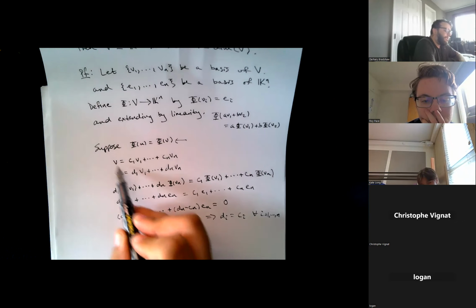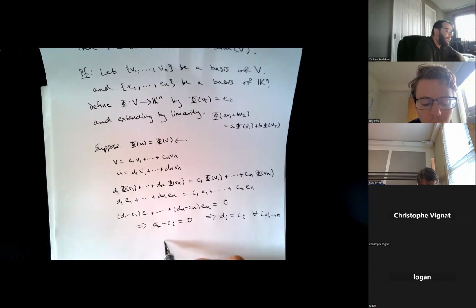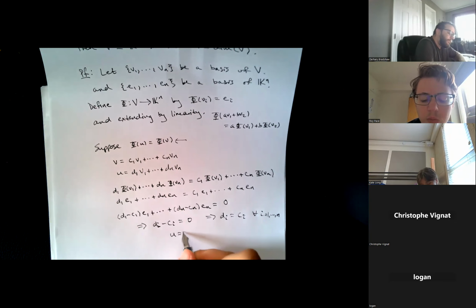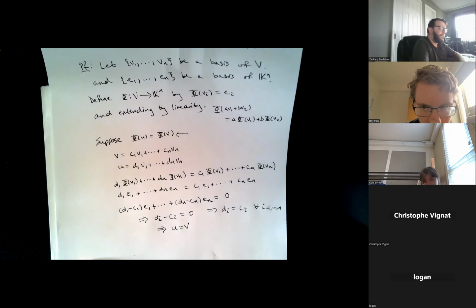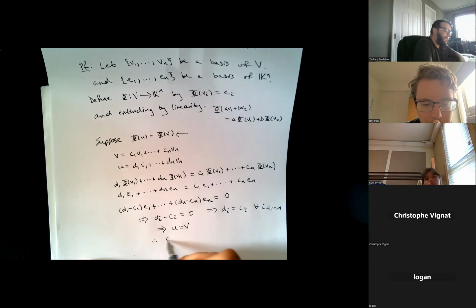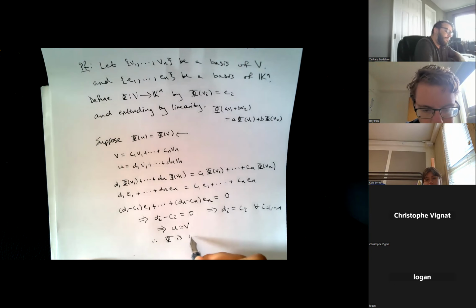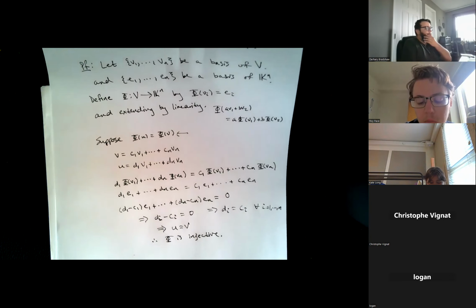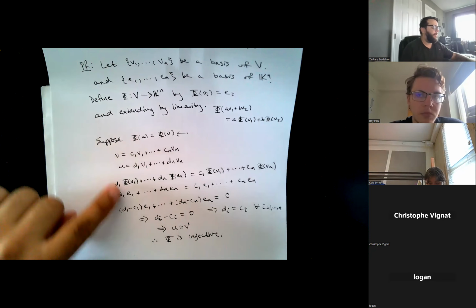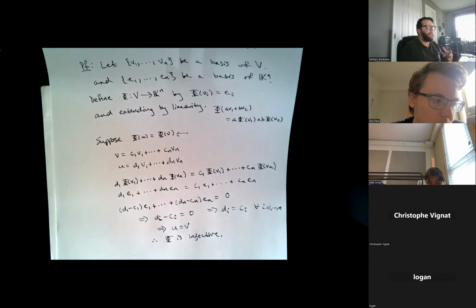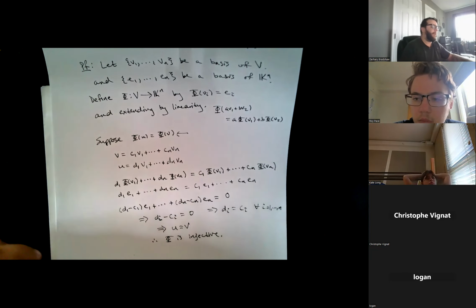That means that the vectors we started with, u and v, are the same. Okay. And that's injectivity. So therefore, phi is injective. So the fact that this map is injective just follows from the fact that e1 through en is a basis, and what we did was map a basis we started with to this new basis.